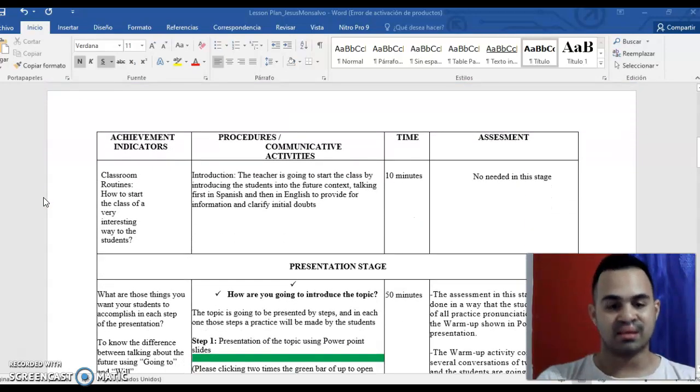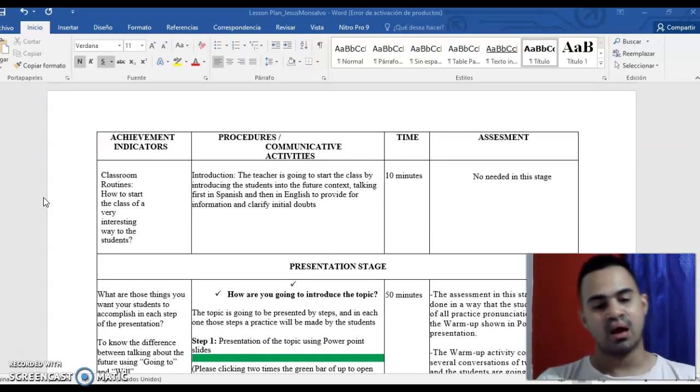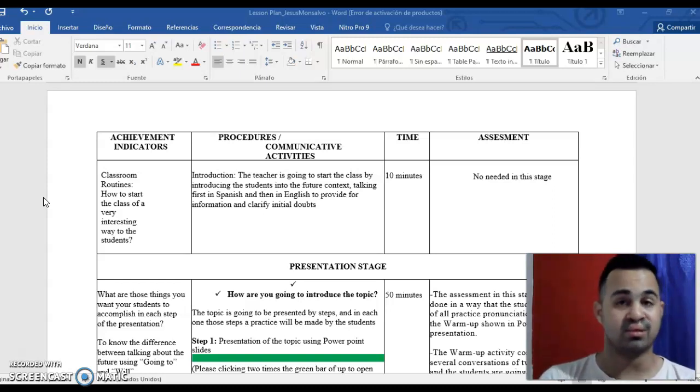The achievement indicators are classroom routines, how to start the class in a very interesting way for the students, procedures, communicative activities, introduction.